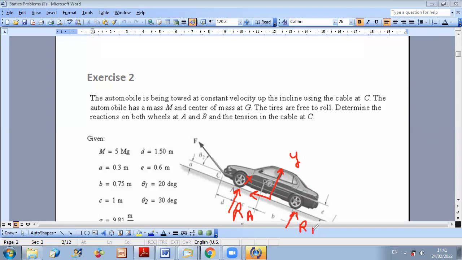Now, of course, F2 I should decompose into two components, one along X, which is F cosine theta 2, and one along Y, which is F sine theta 2.